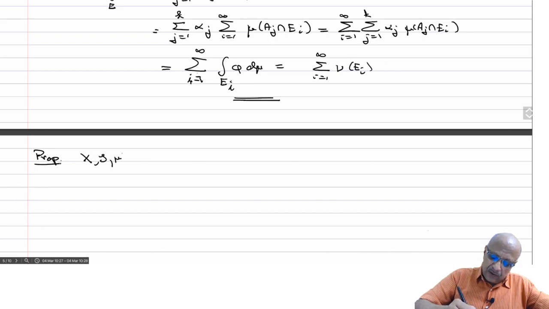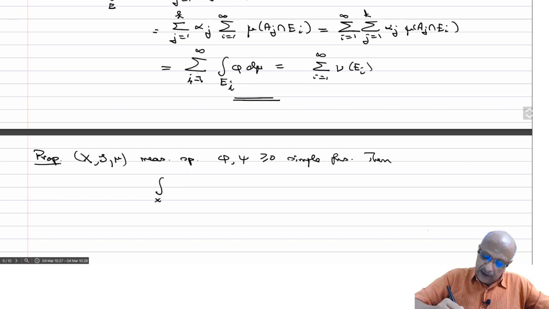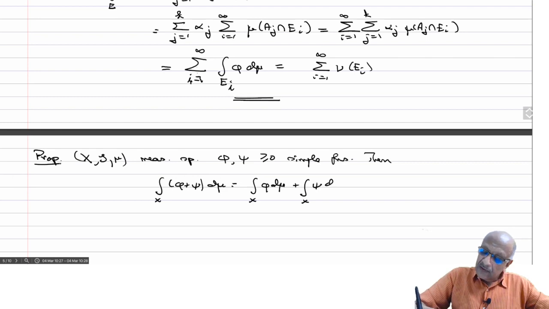Let (X, S, mu) be a measure space, and phi, psi non-negative simple functions. Then the integral over X of phi plus psi d mu is equal to the integral over X of phi d mu plus the integral over X of psi d mu.